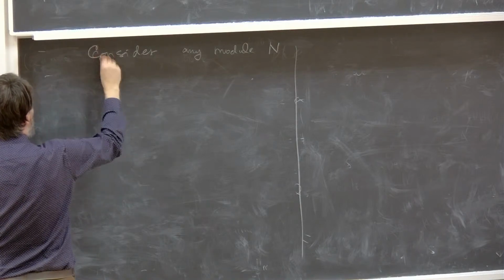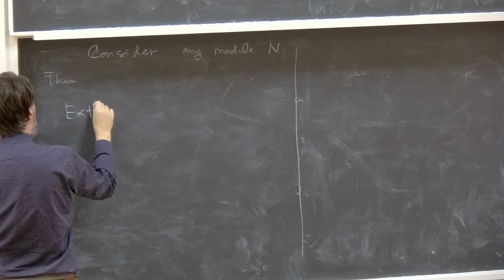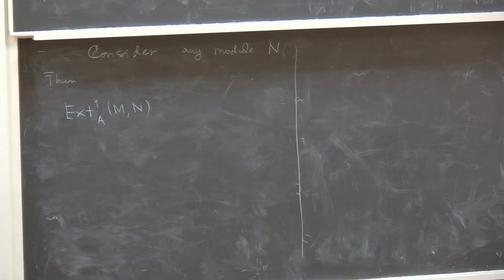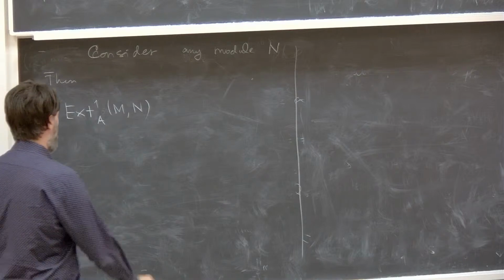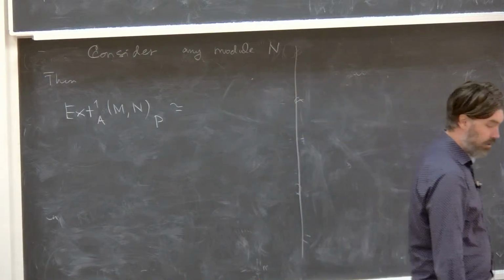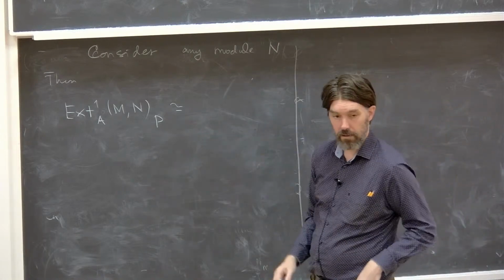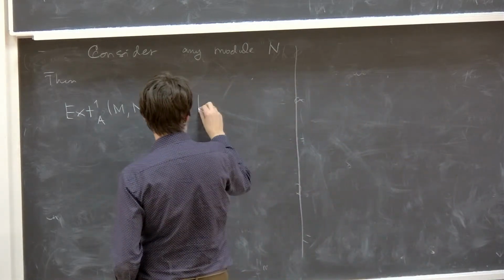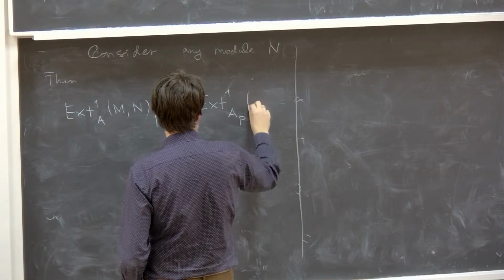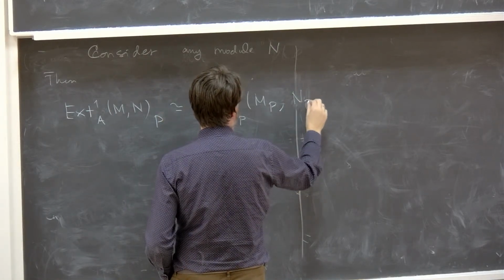So consider any other module, then I could take Ext1 from M into N. That's a new A module, so I can also localize that at P. And you can check, because of the behavior of free resolutions, say of M, with respect to localization, this will be Ext1 over the localized ring from the localized module into the localized module.